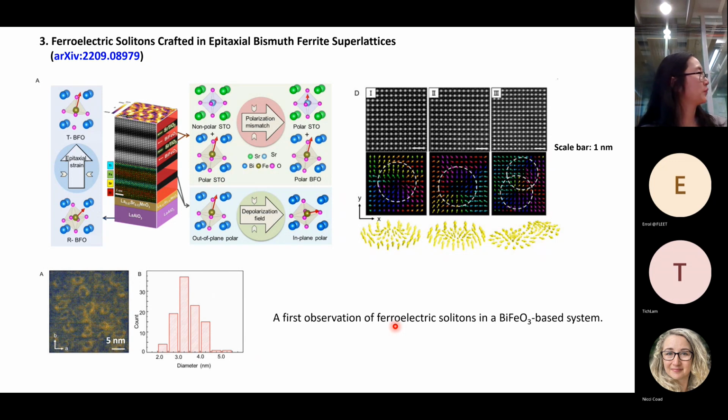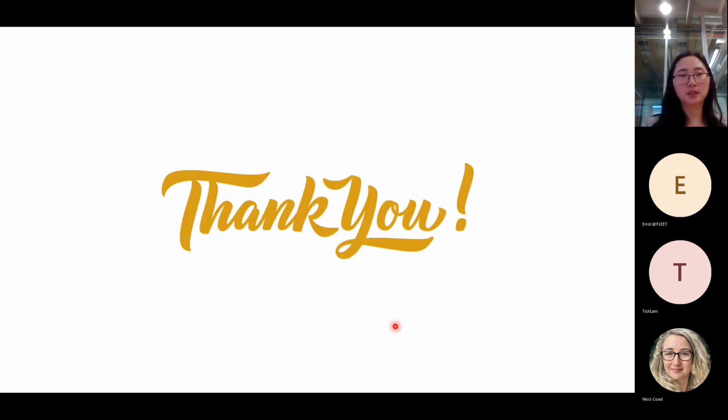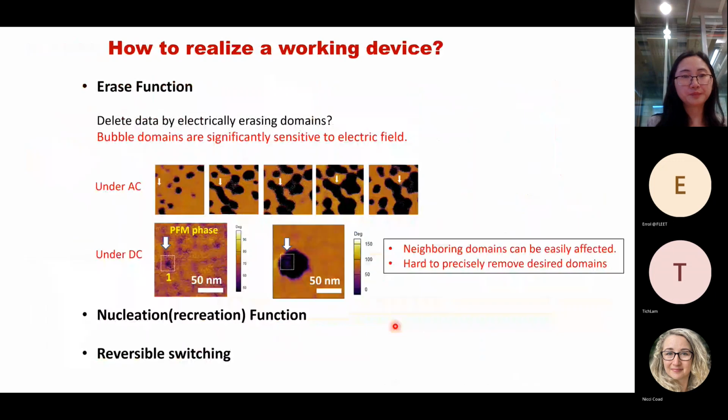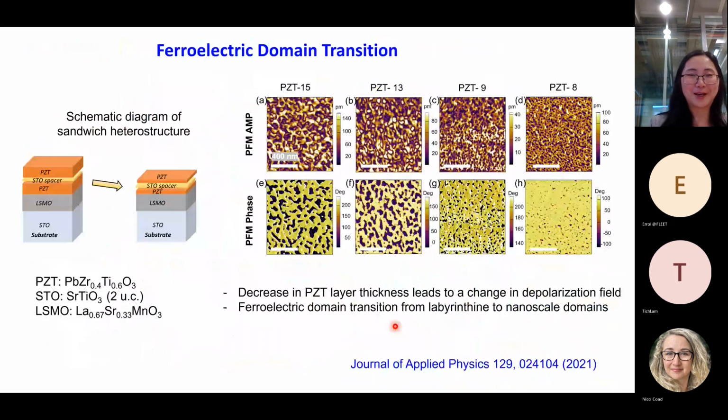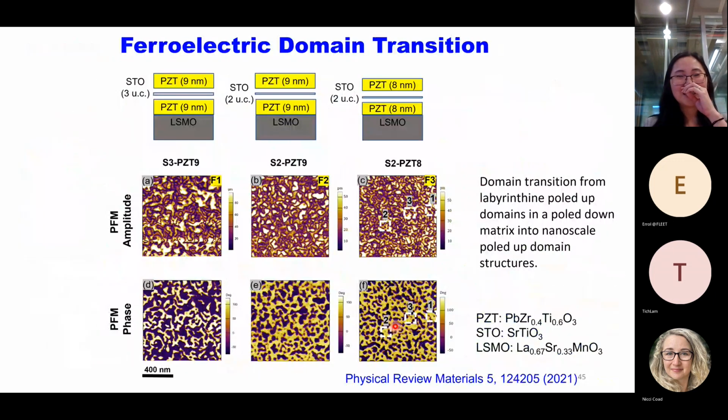Did you also try to vary the spacer layer as well? Yeah, we did. We have a lot of backup. For example, here we tune this spacer layer, because when the spacer layer gets thicker, the screening gets weaker.